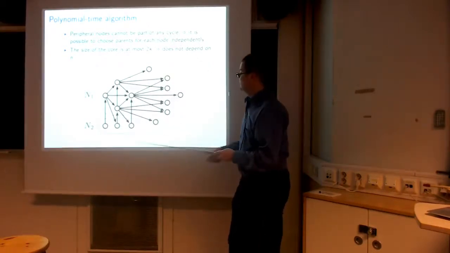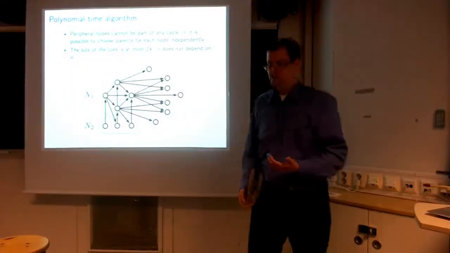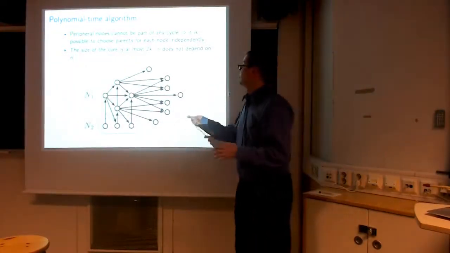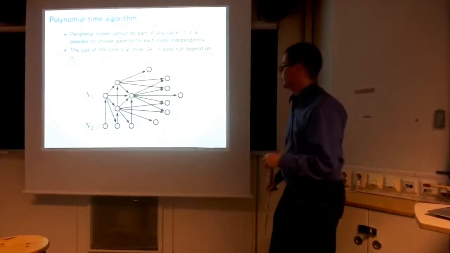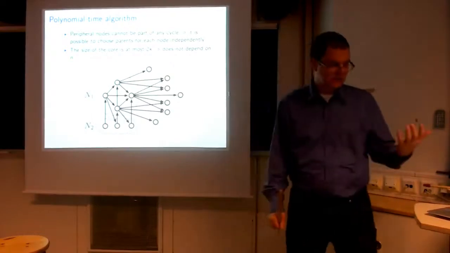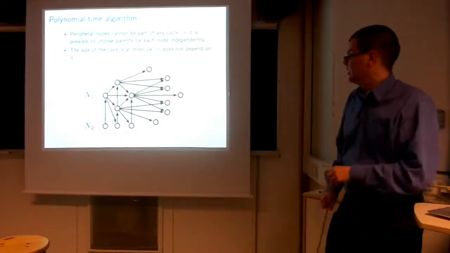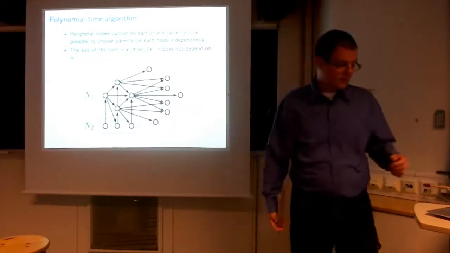And this can be done, for example, using dynamic programming. And we have the constraints on the parent sets that we can have. Because this is constant size, it's constant time also.